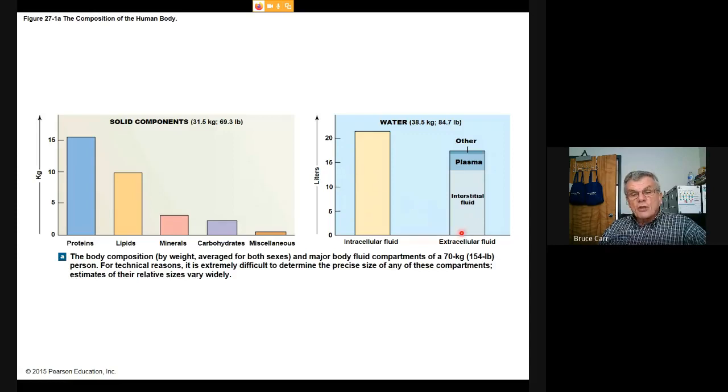Over here, the extracellular fluid, notice the interstitial fluid, the fluid that's continuous all over the body surrounding all the cells, is the major point. We can identify the plasma as a measurable amount, and in this case, it looks like 2 liters, 3 liters, something like that. And finally, all of the other extracellular fluid is lumped into a category and a relatively small volume.